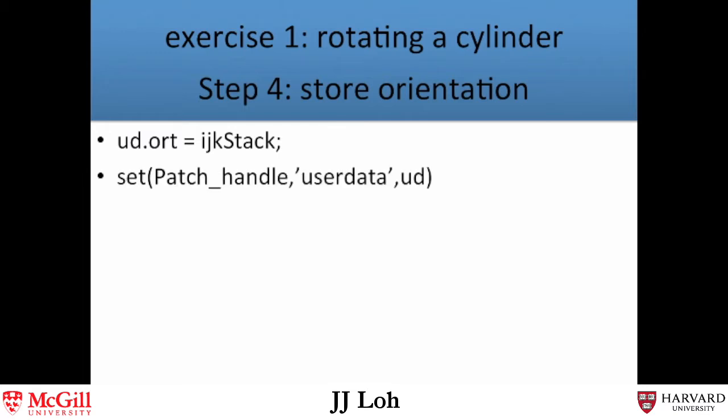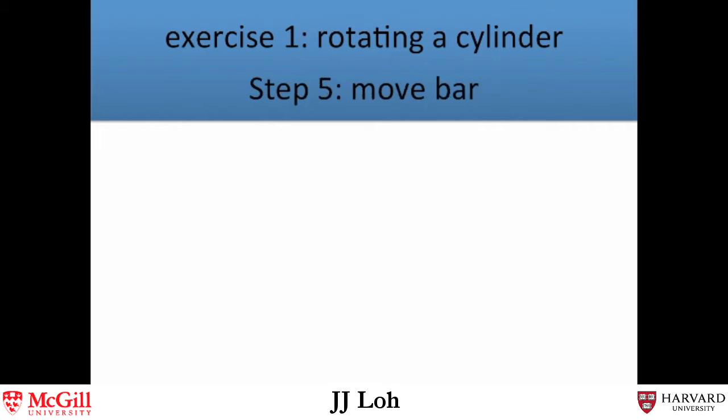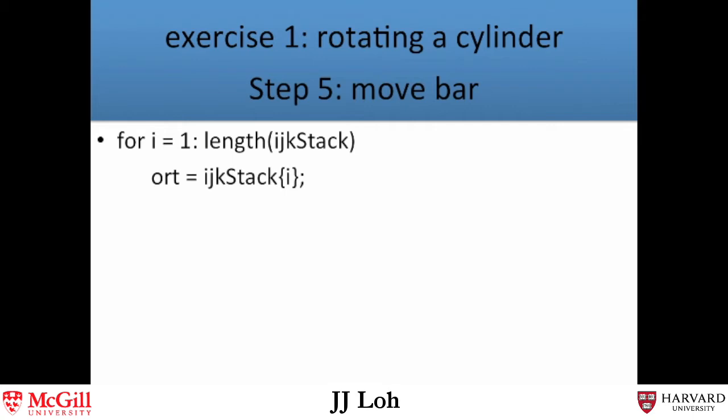So now we have the vertices in the local system and the orientation of that system for every frame of movement. With these two pieces of data, we can now rotate the bar by the following algorithm. 1. Get a single frame of orientation from that cell array. 2.